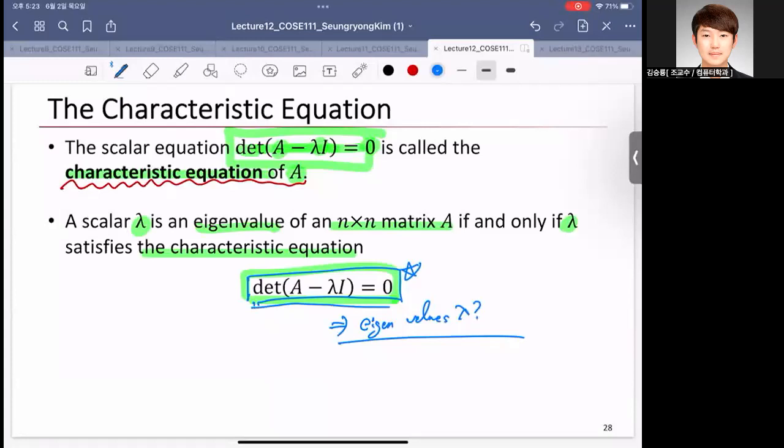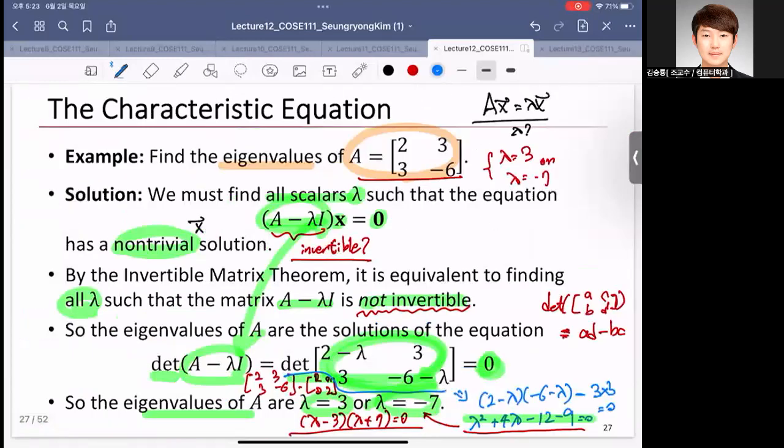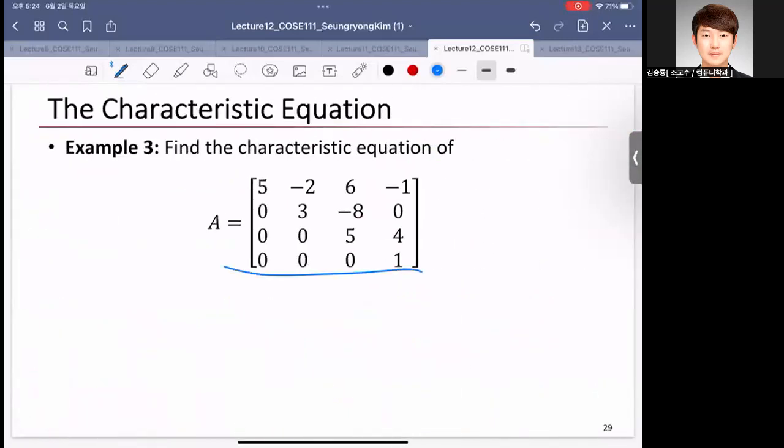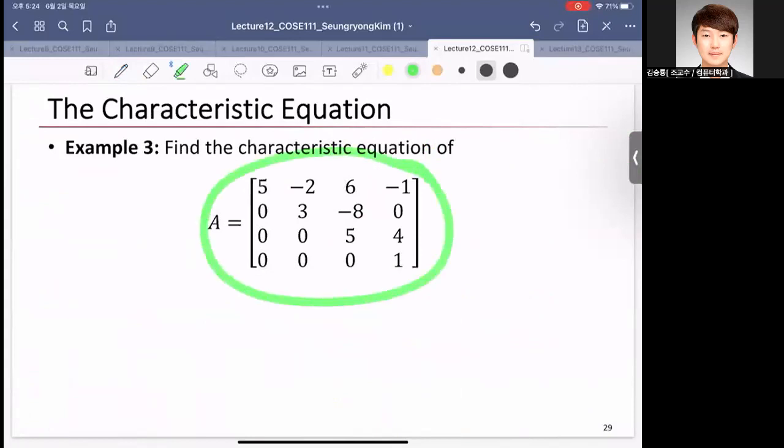No? Okay. So in the 2x2 case, you can easily solve this like this. Then what about the larger matrix case? Let's say 4x4. Find the characteristic equation of this matrix.